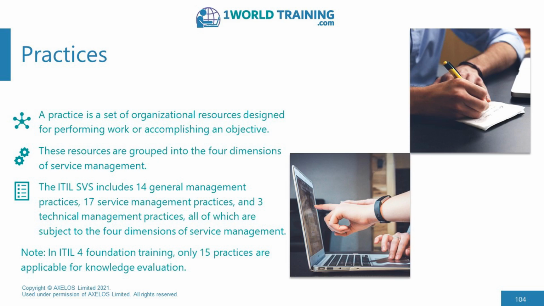So when we say a set of organizational resources in the definition, we're talking about those resources that come from the 4 dimensions of service management: the people who do the work, the information and technology that supports the work, the organizational structures that define what work is needed and how it's to be done and how it's to be managed and reported, the partners and suppliers who can contribute to and support the work, and the value streams the work contributes to, and the processes that actually do the work.